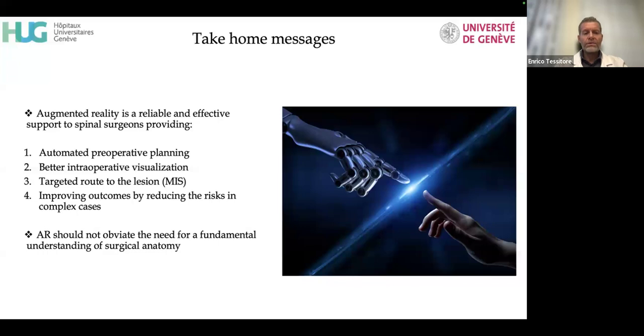It improves outcomes by reducing the risks in complex cases, like, for example, en bloc safe resection of very big tumors, respecting the normal vascular and nervous structures, of course. But in the end, augmented reality should not obviate the need for a fundamental understanding of surgical anatomy. Thanks a lot for your attention.